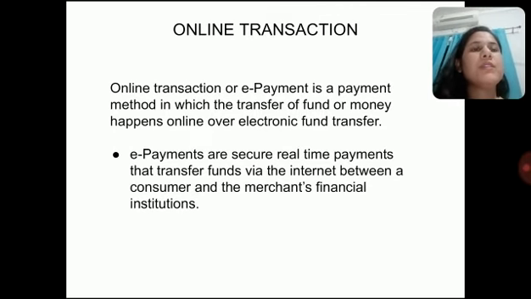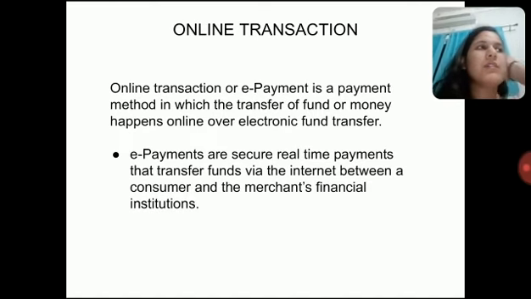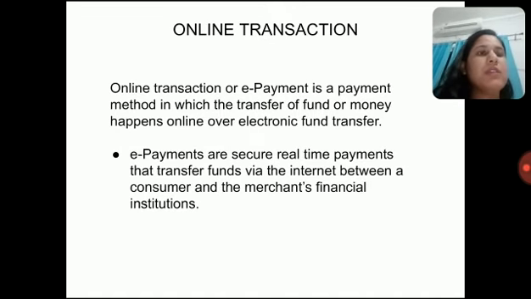E-payments are secure real-time payments that transfer funds via the internet between the customer, that is the consumer, and the merchant's financial institution. Yes, merchant: if we talk about e-shopping, for example, you are purchasing something through Amazon. So here the merchant is Amazon.